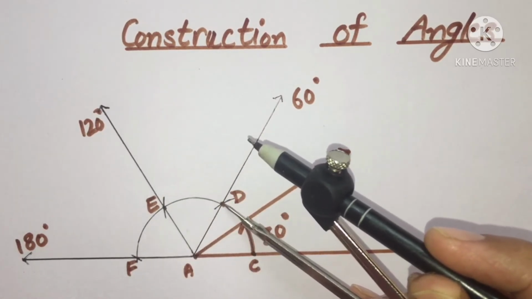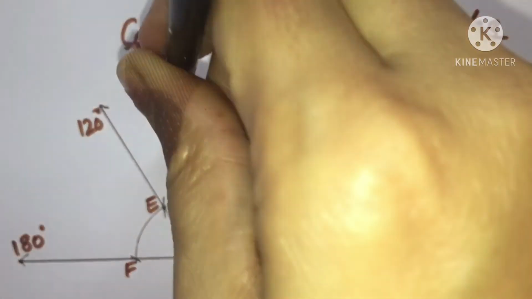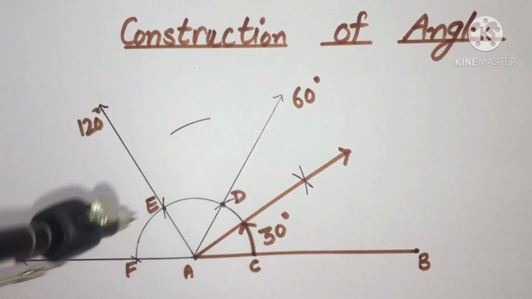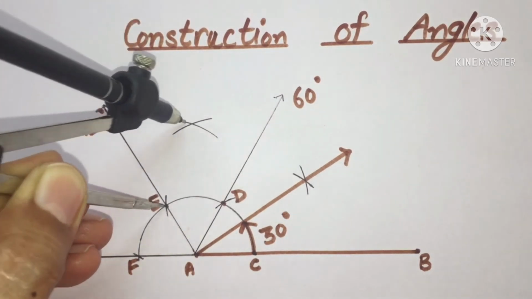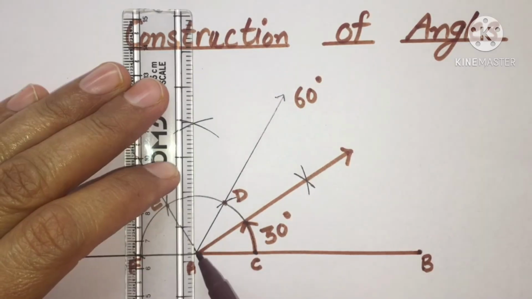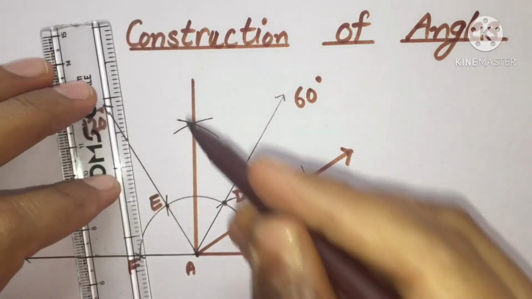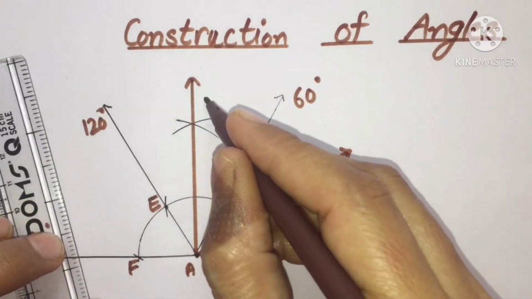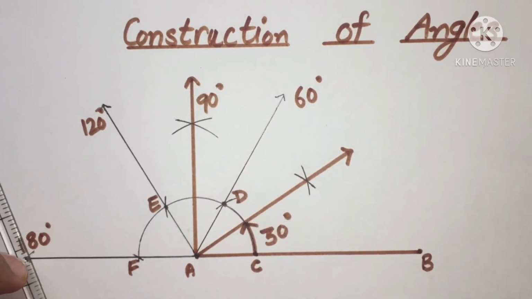Again with the same method, I will keep the compass on point D, draw an arc, and with the same width of the compass, I will put the compass on the point E and draw one more arc like this. Now I will join it with the help of a scale, and this angle is 90 degrees. This angle is 90 degrees.